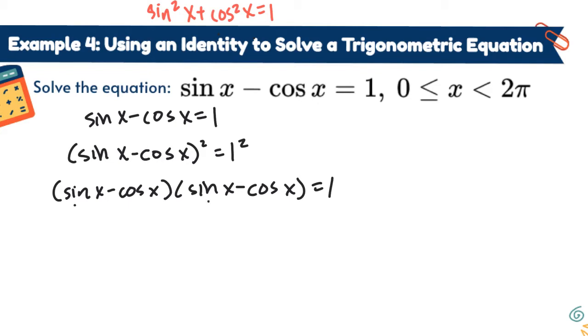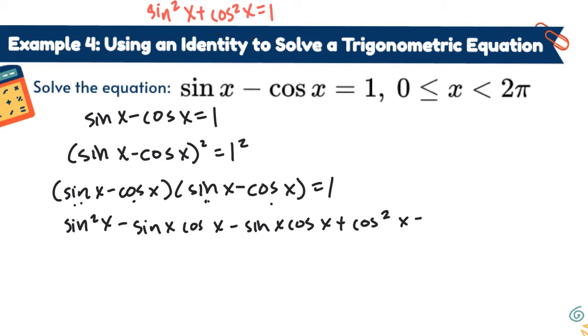So sine times sine is sine squared x. Sine times cosine is negative sine x cosine x. Cosine times sine is negative sine x cosine x. And then negative cosine times negative cosine is positive cosine squared x.